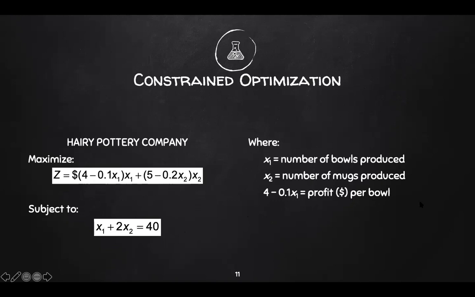So if you remember before, ang profit per bowl, 40. Pero ngayon, ang profit niya, meron na siyang fixed component or fixed cost at meron na rin siyang component for variable cost. No? So this is the new profit. That will make it nonlinear. And then 5 minus 0.2 x2 is the profit per mug.